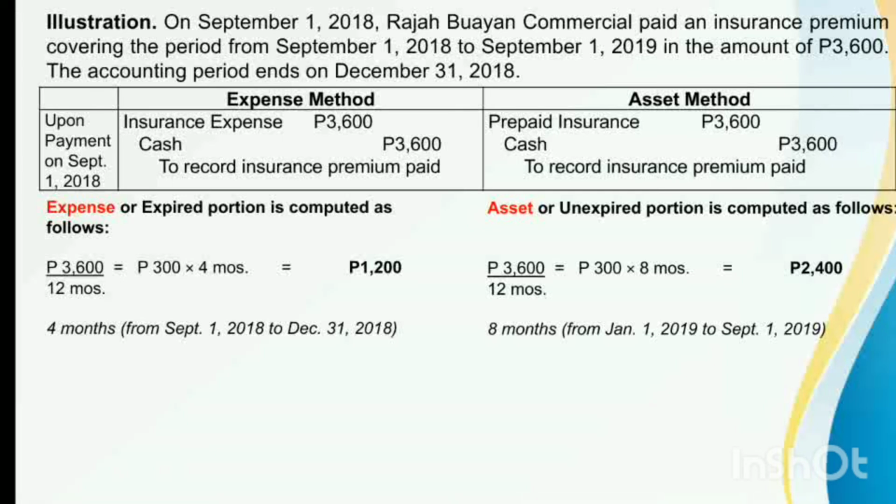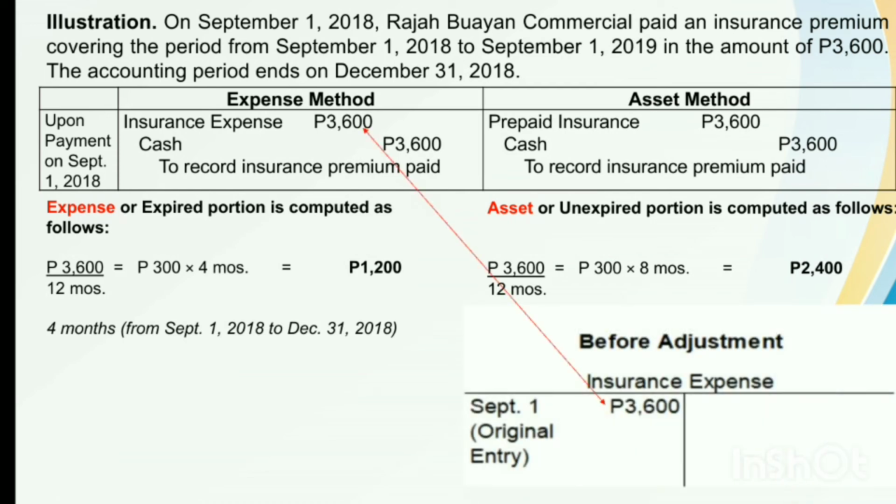The journal entry on September 1, 2018 upon payment of the insurance premium includes a debit entry to insurance expense of 3,600 pesos. So we are going to post this in the insurance expense account, and it will appear as follows. We have 3,600 on the debit side of the insurance expense account.